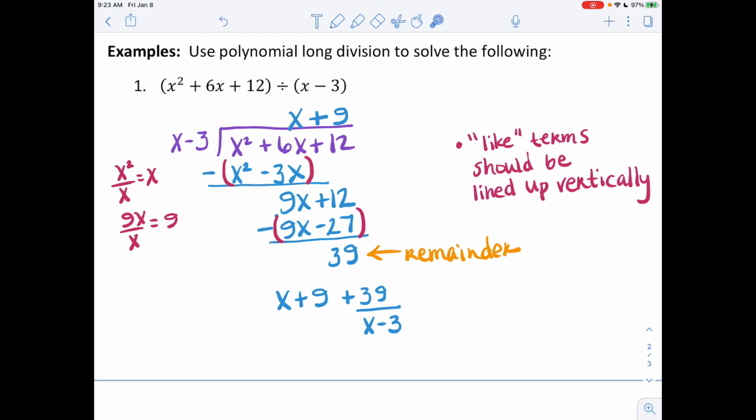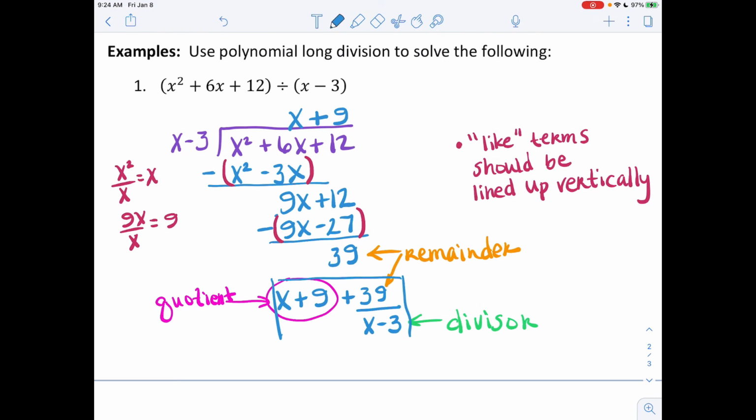So remember, it's remainder over divisor. So let's just go ahead and point to that as being the remainder, so that this was the divisor. And then, of course, the main part of our answer, this part right here, is the quotient. So our final answer is this entire thing, quotient plus remainder over divisor.